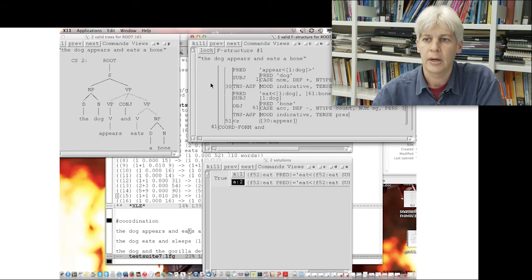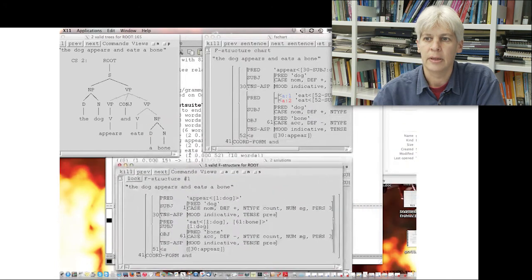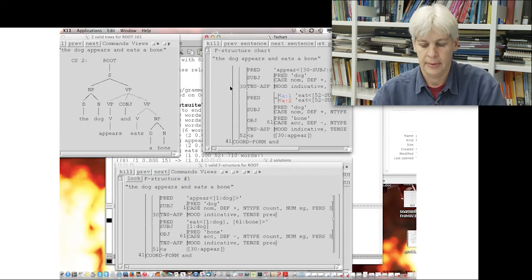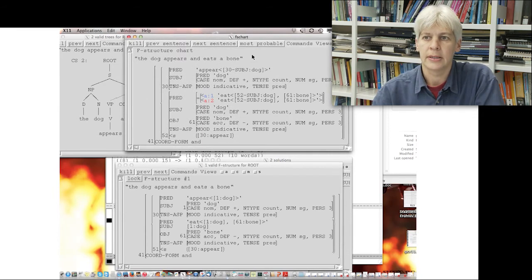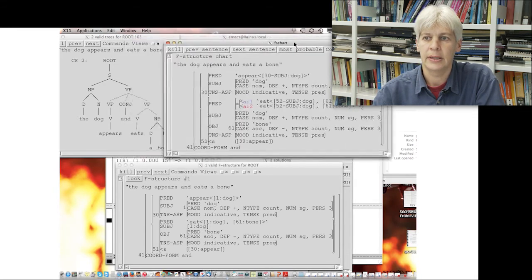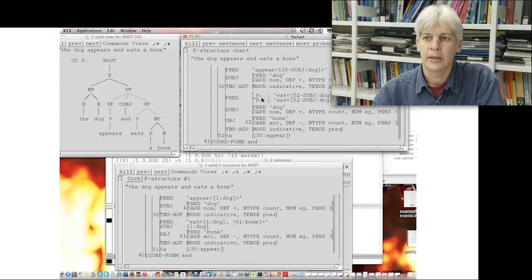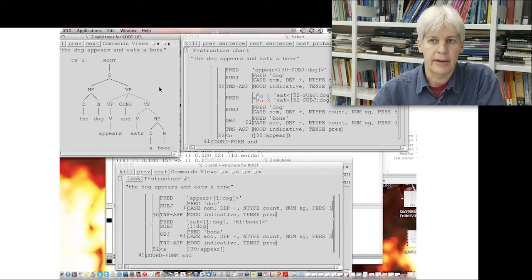So what is the difference? Why are we getting two of these? We can look at the FS chart and maybe see what's going on there. This tells us that there are two possibilities, and they are here: pred, eat dog bone, eat dog bone. They seem to be exactly the same. So what is going on? Then I have an idea.